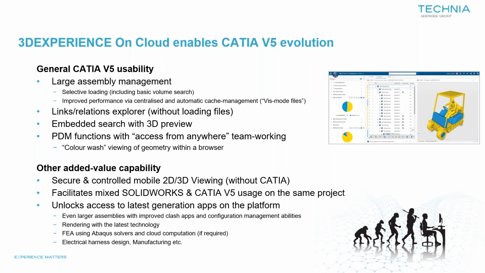The same applies for the finite element analysis and CFD. Most of Dassault's effort these days is going into anything related to the 3D Experience platform and the apps on that platform. So being able to tap into that ecosystem, even if you want to stay in the familiar tool set of CATIA V5 or SOLIDWORKS, I think is a useful step.